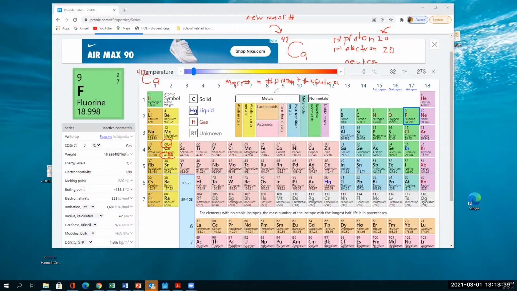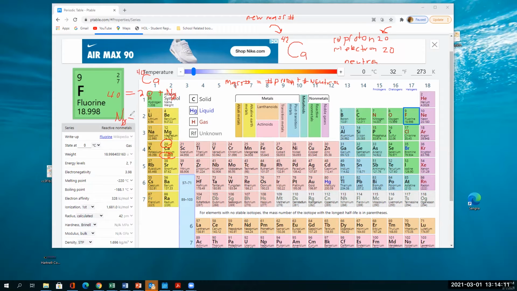So it's like 20 plus 20 would equal the 40? Yes, in the case of the normal calcium, 20 plus 20 would equal 40, right? Or you'd say 20 plus whatever our number of neutrons, we're going to use an N naught because neutrons are neutrally charged, equals 40, and then you just solve for your N naught.